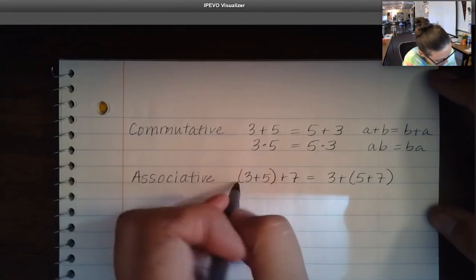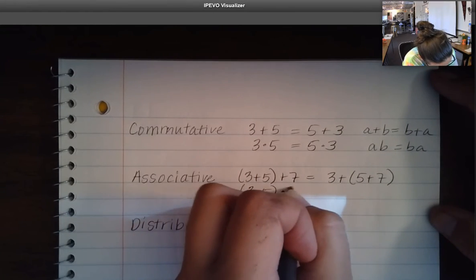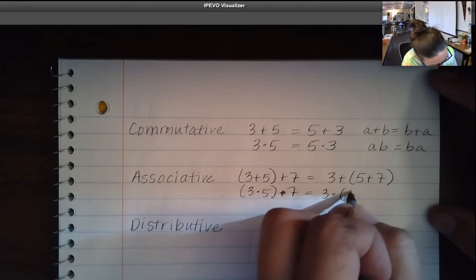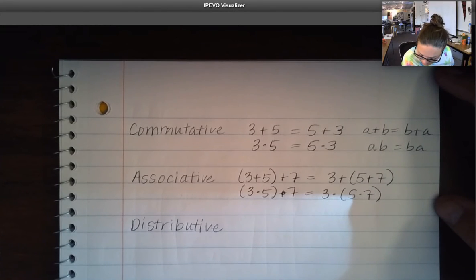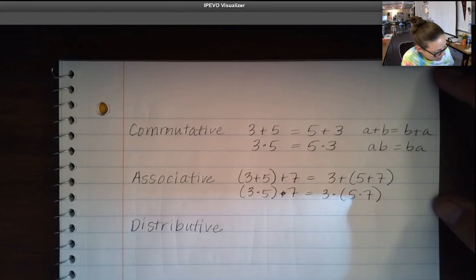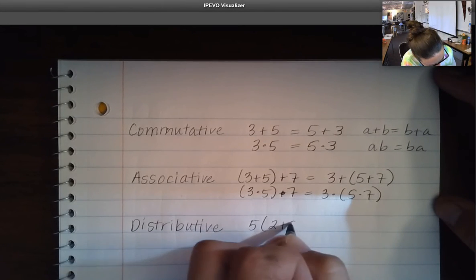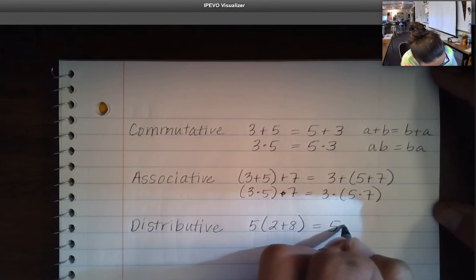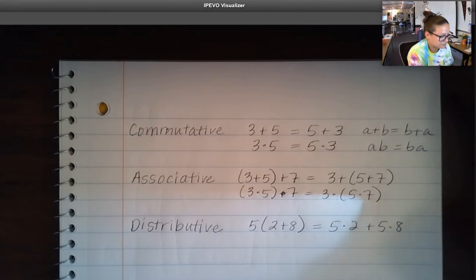Same thing goes for multiplication. 3 times 5 times 7 equals 3 times 5 times 7. The distributive property. We know the distributive property. 5 times 2 plus 8 is the same thing as 5 times 2 plus 5 times 8.